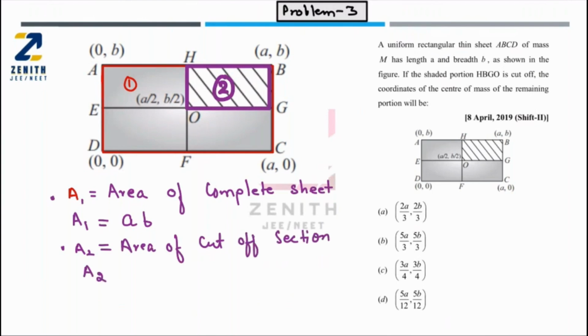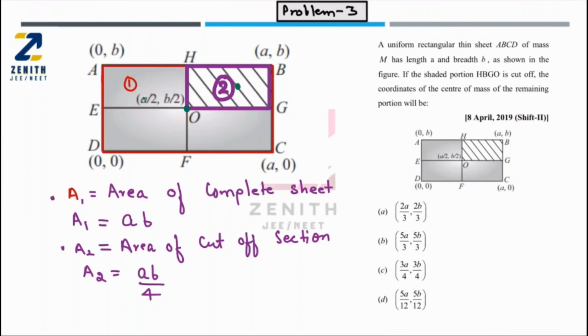What is the area? A2 value is, this is nothing but A by 2 and this is also B by 2. So we can say that it is AB by 4. Area you have calculated. Now the thing is, you have to first find the center of mass of the first and second body. The center of mass is this one, which is already A by 2 and B by 2.